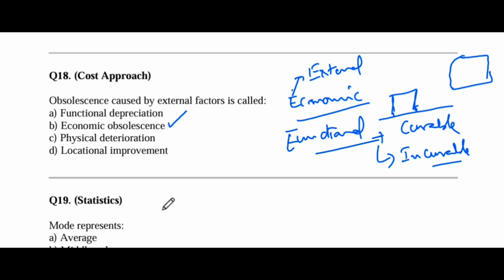But if the slab height is very less compared to the desired level, which causes discomfort to the residents, because during construction they made the slab at a lesser height, which is not curable. So that is incurable functional obsolescence.